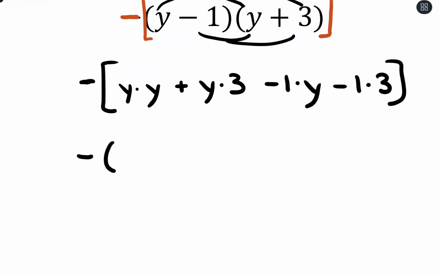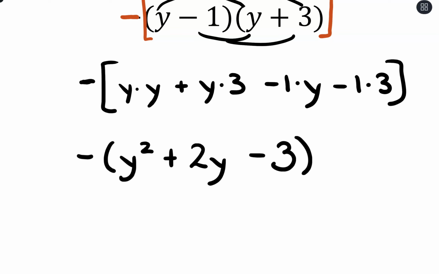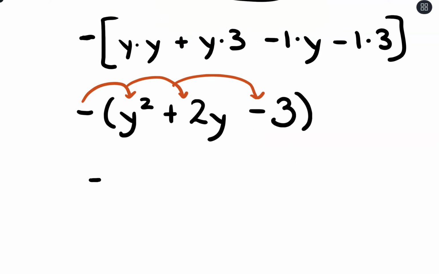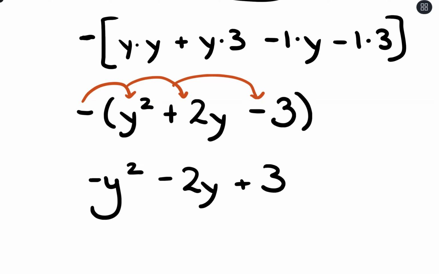So that's going to be negative, and we'll have a y squared, plus 3y minus 1y, so plus 2y. Minus 1 times 3 is 3. And then, once that's all simplified, I'm going to distribute that negative in. So everything gets multiplied by negative 1, so we'll have a negative y squared minus 2y plus 3.